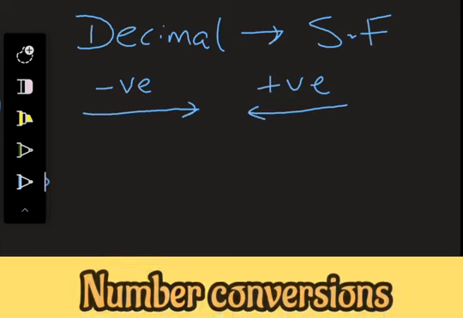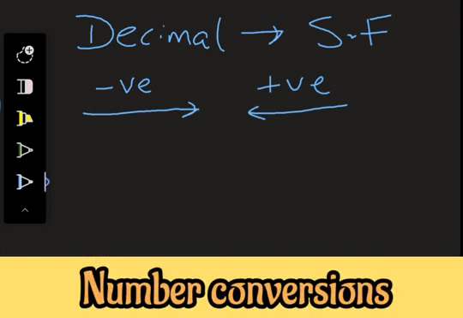Now, given a number such as 25.000, if you are to convert this number to standard form, this is a decimal form, converting it to a standard form, you have to know in what direction to move the point, and that will tell me the sign that will be in my standard form.